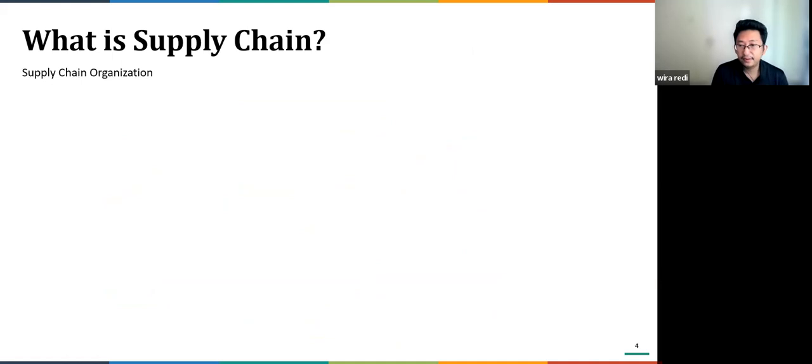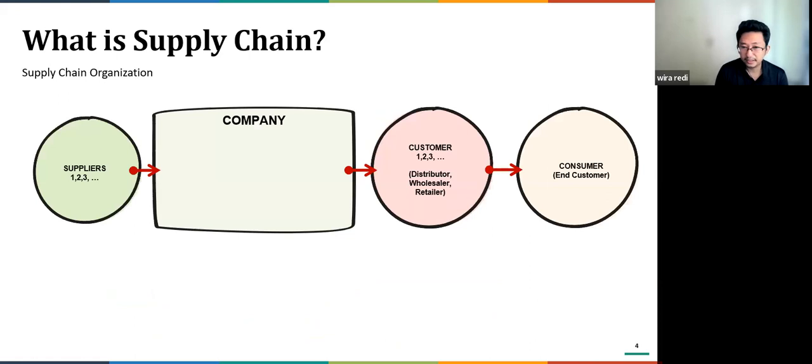Okay, another perspective or concept of seeing supply chains, if in the sugar supply chain we look at it like that, actually we can conceptualize it into a generic form like this one. So it is illustrated here.